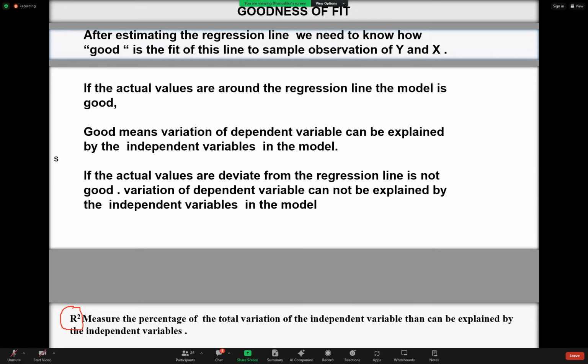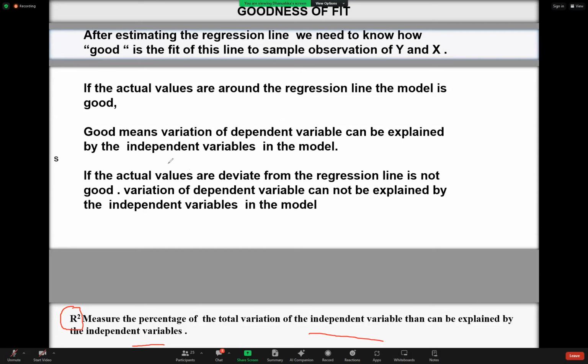It measures the percentage of total variation of the dependent variable that can be explained by the independent variable. That is the definition for R square.